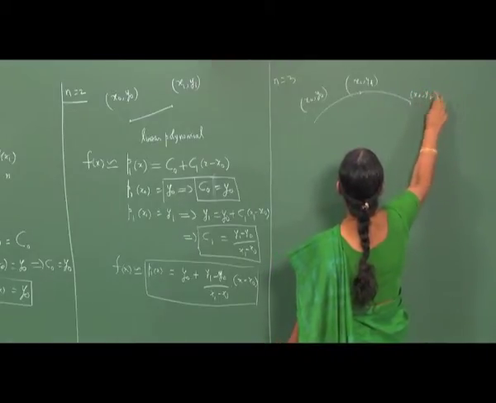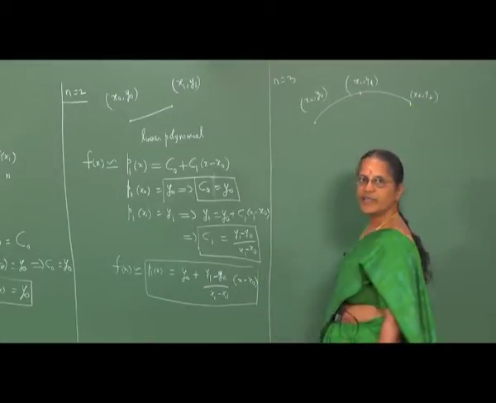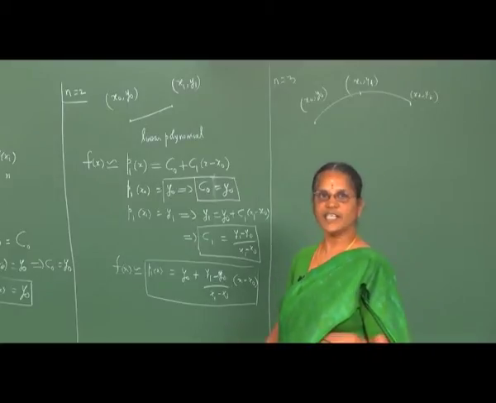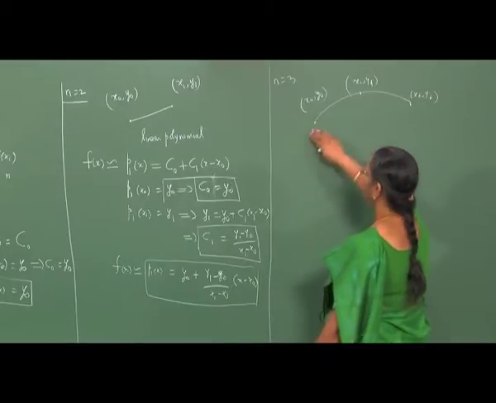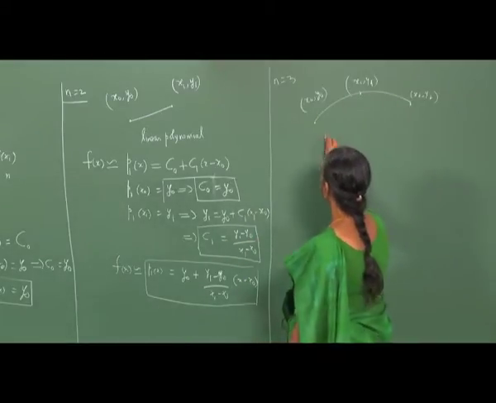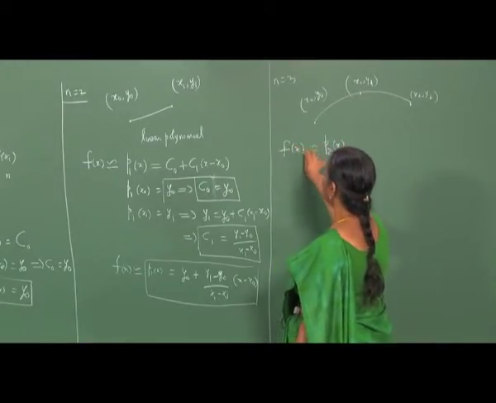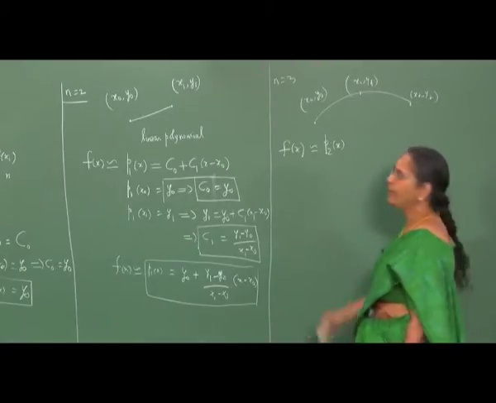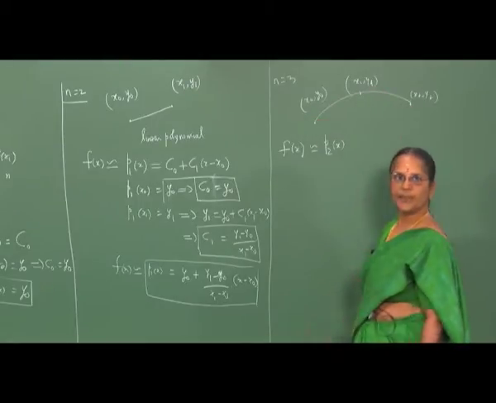So, passing through these 3 points, I must have a curve in the xy plane that is going to approximate the function f of x, so that the equation of this curve is going to be a second degree polynomial. Let us denote it by p2 of x. So, f of x is approximated by p2 of x, which is a second degree polynomial or a parabola passing through these 3 points.